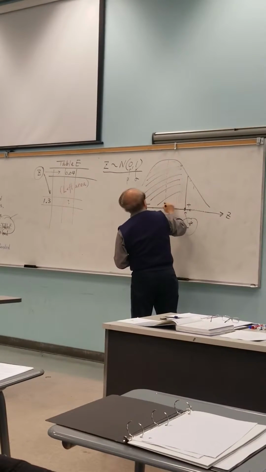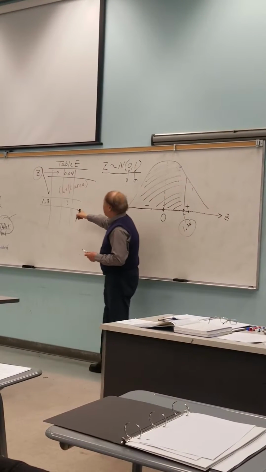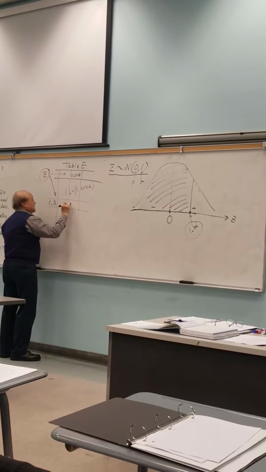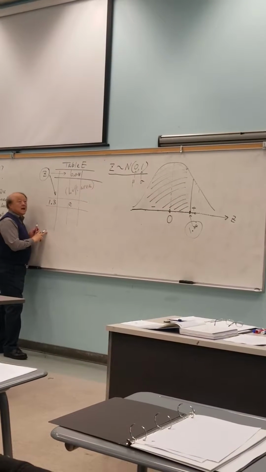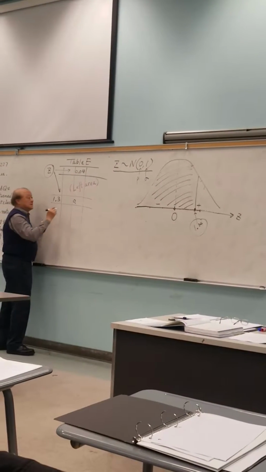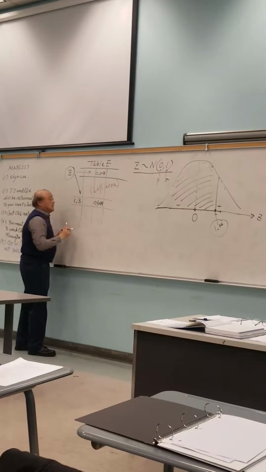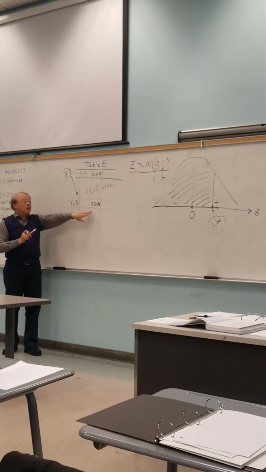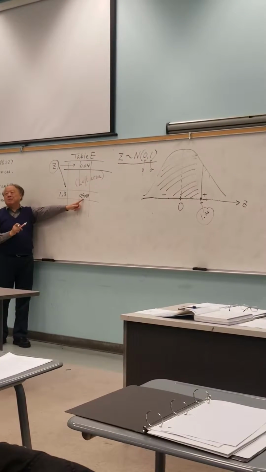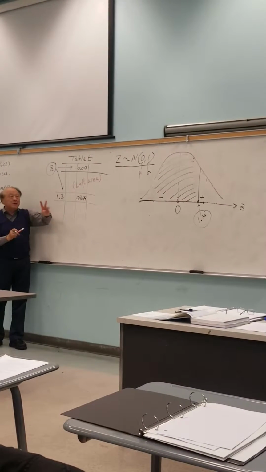Where do you find it? Here. Tell me how much. 0.9099. The left area is rounded off to 4 decimal places. These are approximations, but rounded off to 4 decimal places.